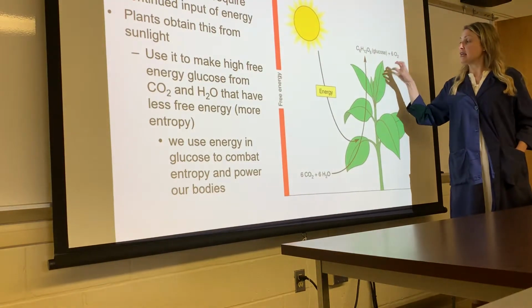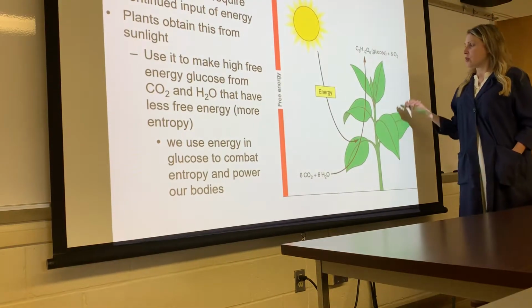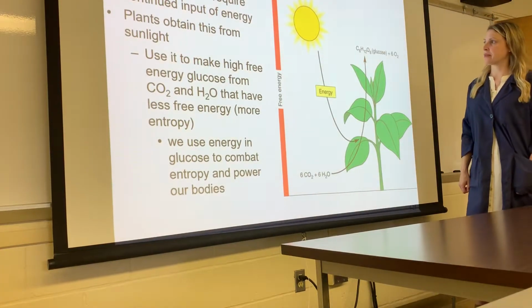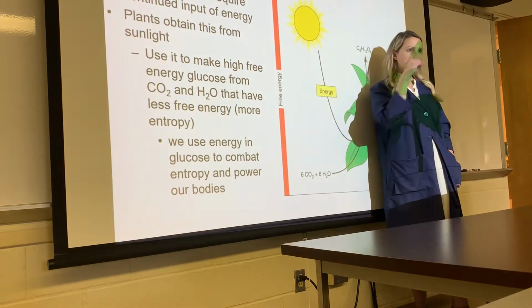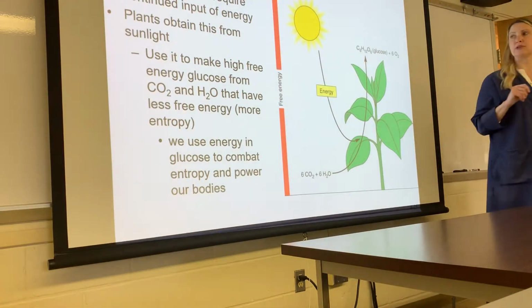When we as humans eat this plant, we're taking that glucose and we will convert it to ATP. Okay, so that's the first law illustrated. We get our energy transformations, not created nor destroyed, but energy transformations.